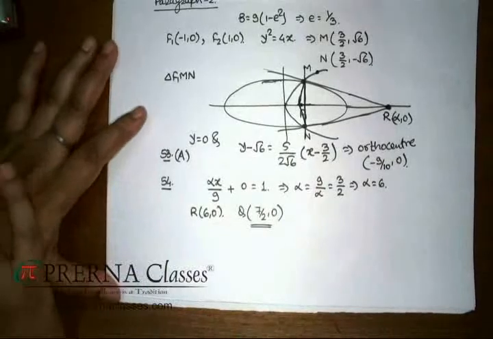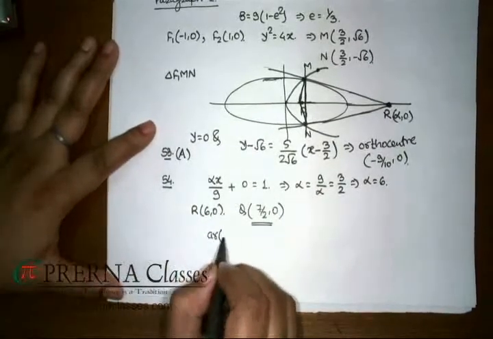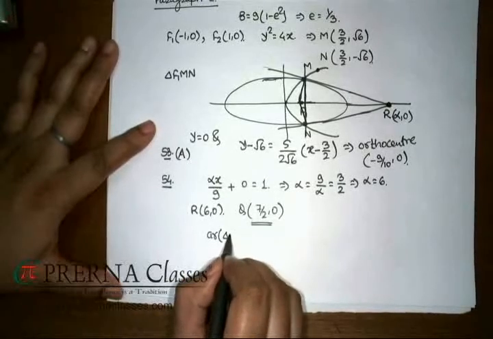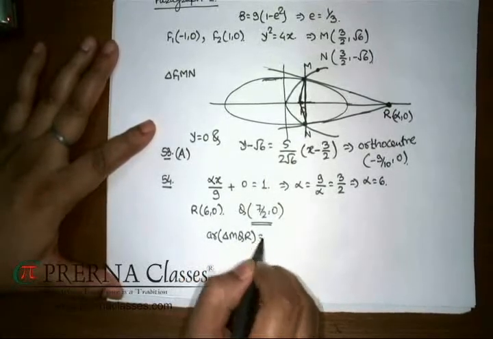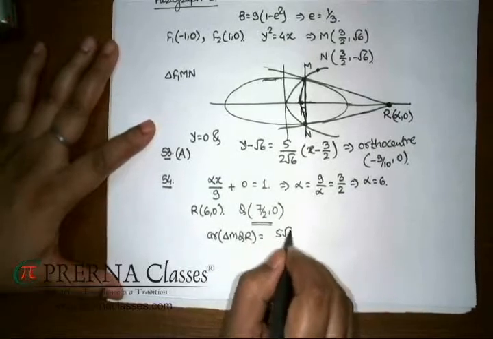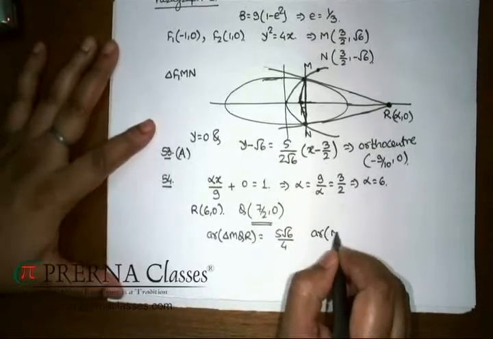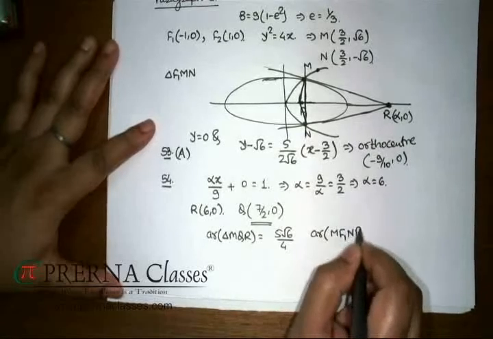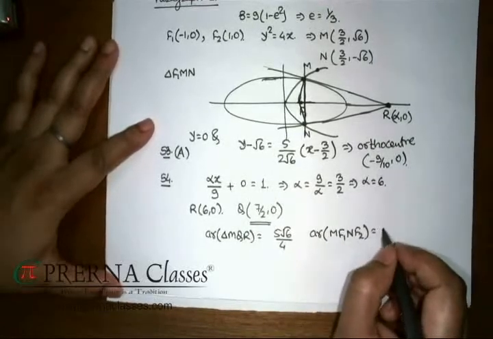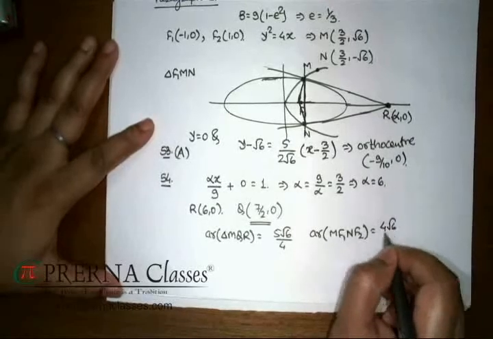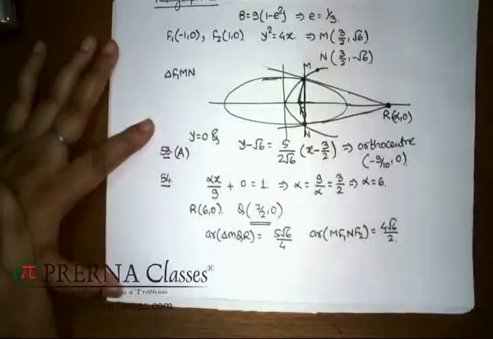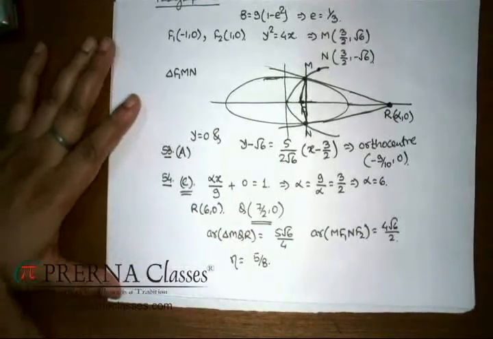Once you know these coordinates as well as M and N are known to you, the ratio which you are looking at, that is the area of triangle MQR, turns out to be 5 root 6 by 4 using half base height, and area of that quadrilateral MF1NF2 turns out to be 4 root 6 by 2 after splitting it into two different triangles, and hence that ratio which you are interested in turns out to be 5 by 8, which is the option C in that problem.